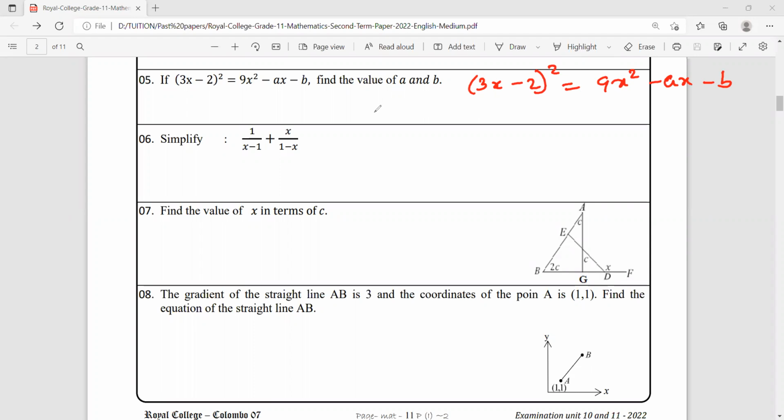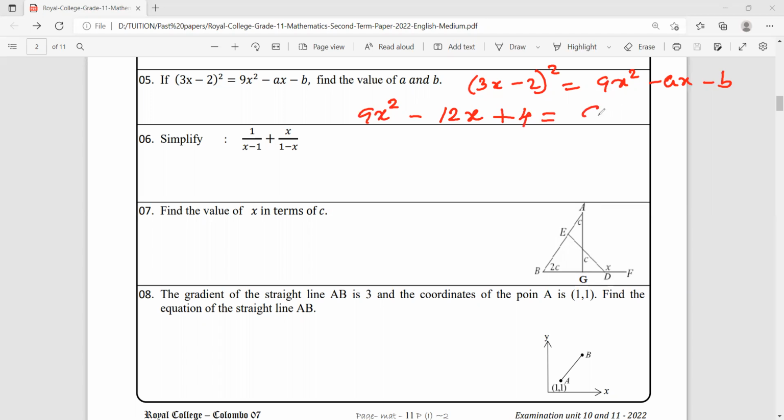So if you expand this portion within brackets, you get 9x squared minus 3x into 2, that is 6x, and into 2, that is 12x, right? 3 into 2 is 6, and you have to multiply it by 2, and the sign is minus because this sign is minus, plus 2 squared, which is 4.